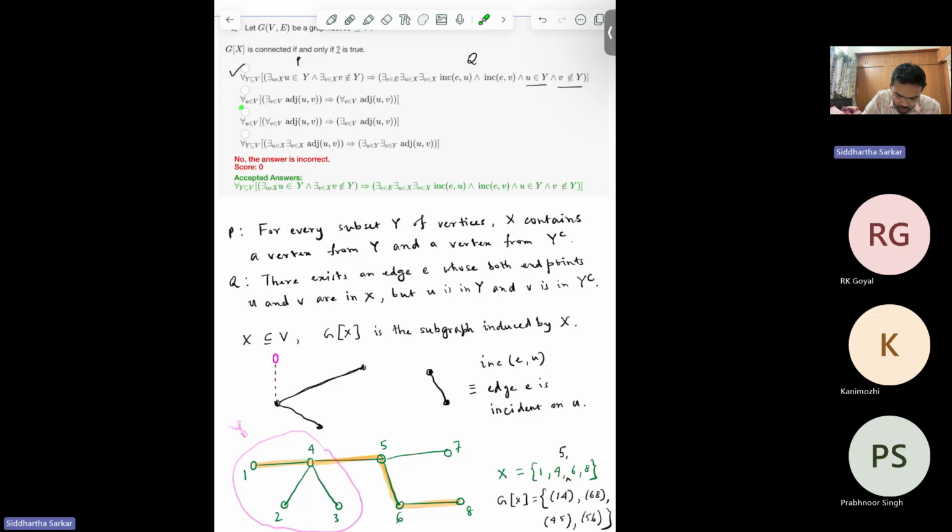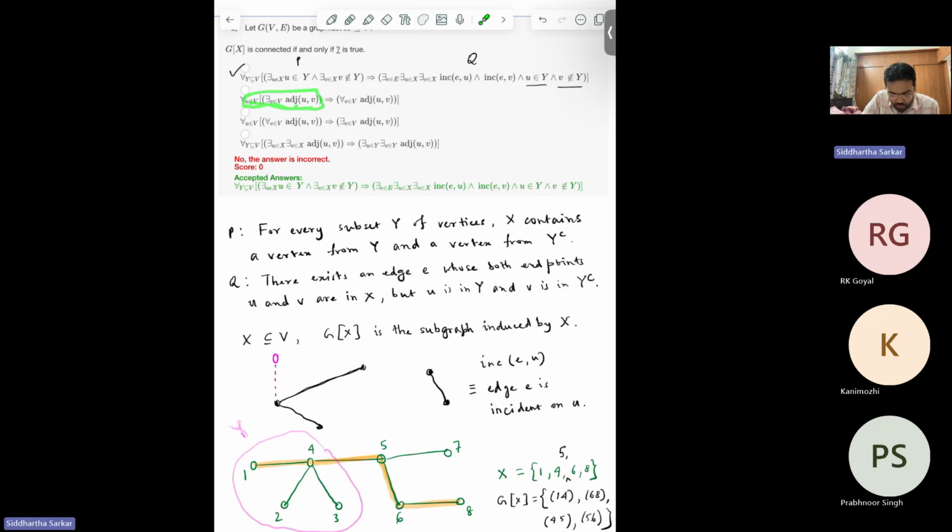It is saying that for all vertices in the graph, there exists a vertex in the graph such that there is an edge UV. So this part is basically saying that every vertex has degree at least 1. There is no isolated vertex.